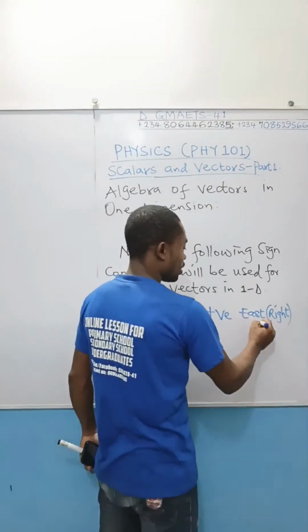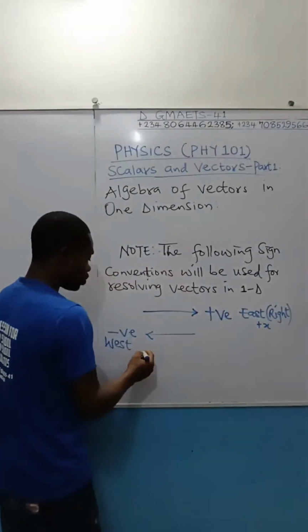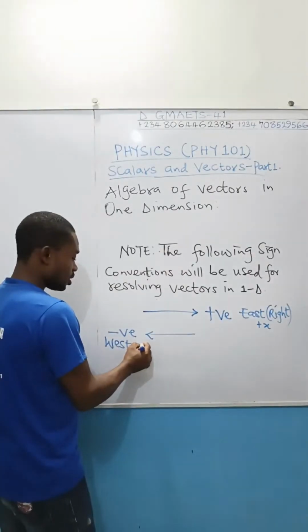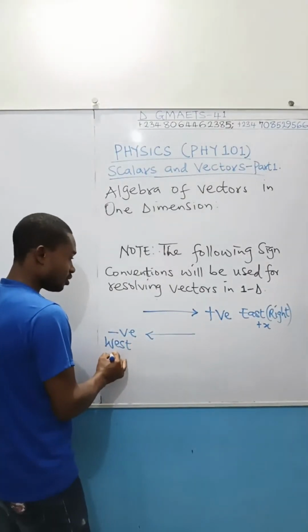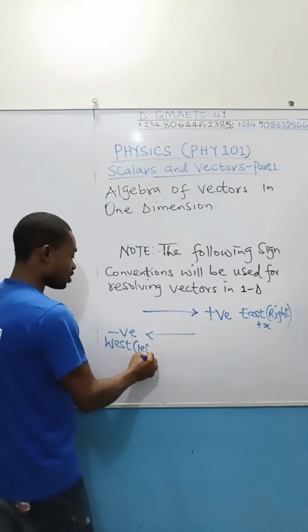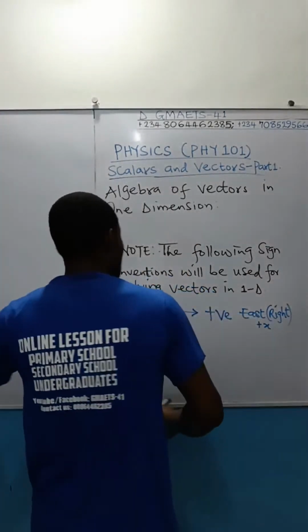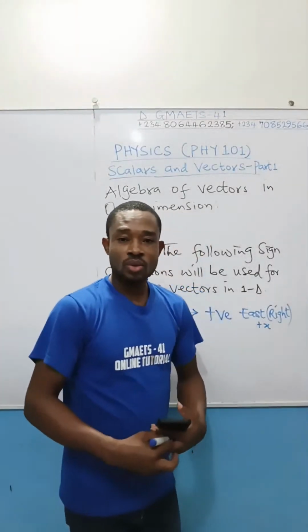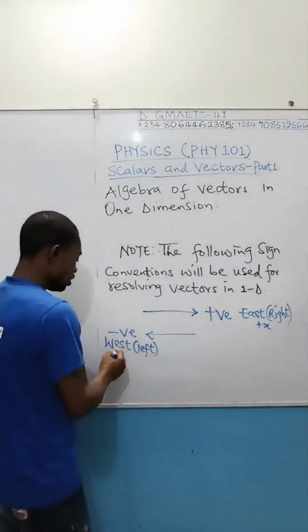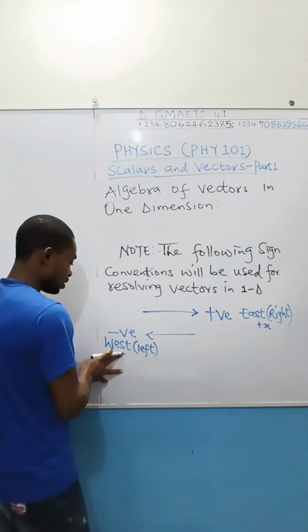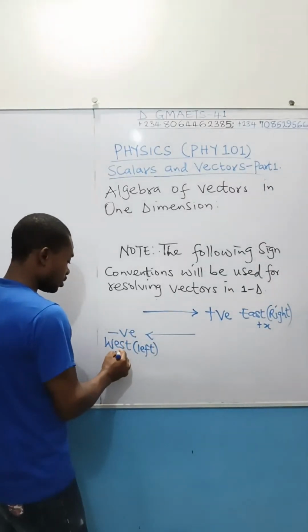In fact, let me indicate here: positive x. This one is negative. This is west, which is left. So anytime a particle is going in the left direction, if it is describing a vector, we are going to assign it negative. So this is the negative x-axis, negative x. Good.